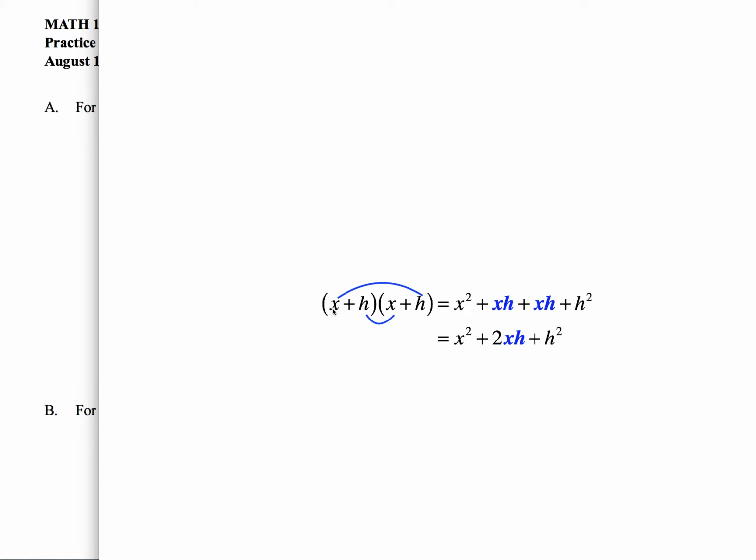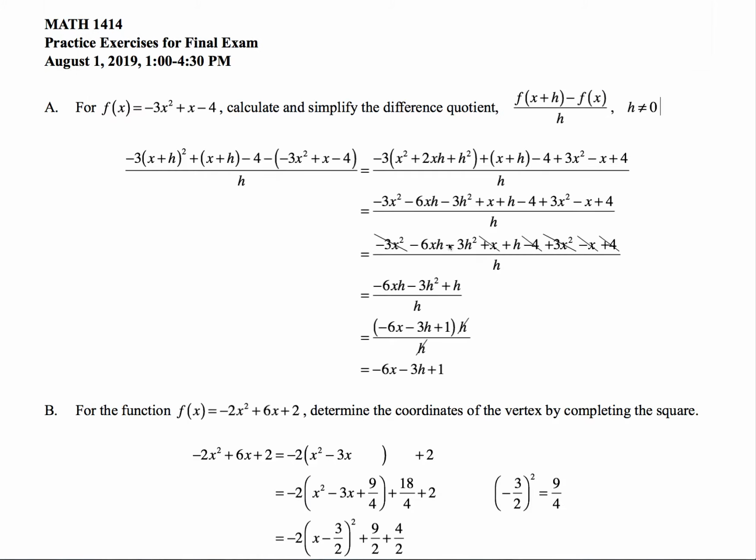But when you multiply the x times h and the h times x, you're producing the same product twice. So x times h and h times x are the same thing, and so we have two of them, and that's why that product is x squared plus 2xh plus h squared.